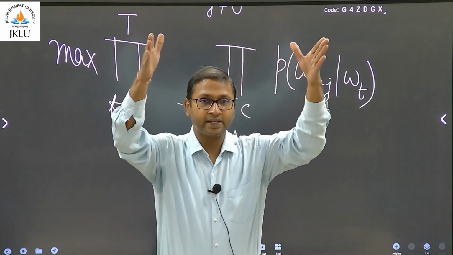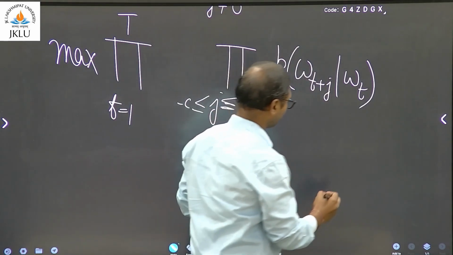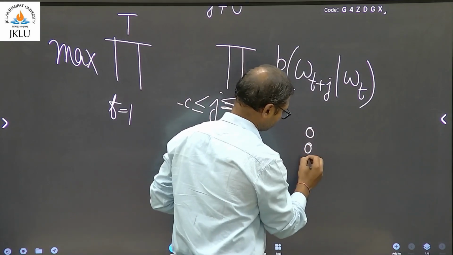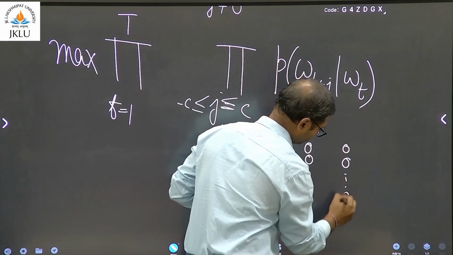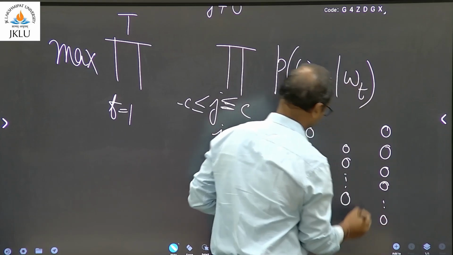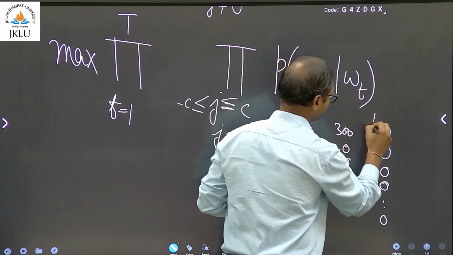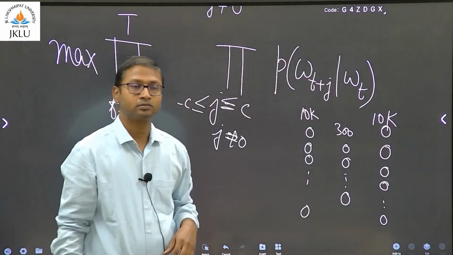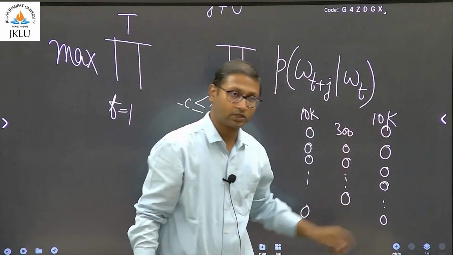See, if you have 10k vocabulary size, okay, so this was our architecture. Here you have 10k, here you have 300, here you have 10k. So softmax will ask you to take a summation over all this.